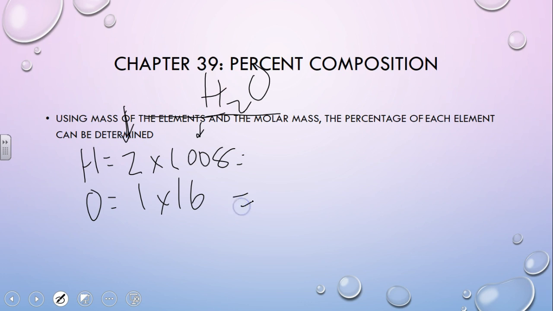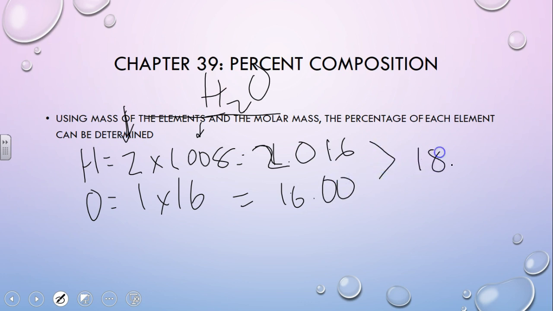So then we do math. This is 2.016, and this is 16.00. When we add those two up, we get 18.016 grams per mole.